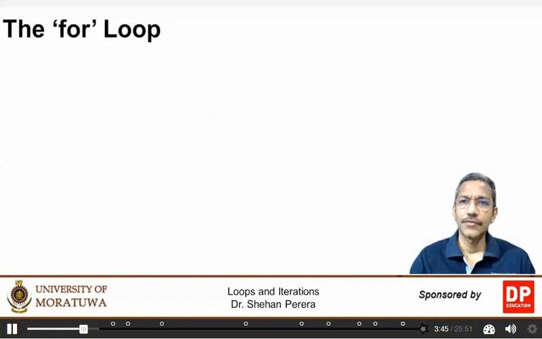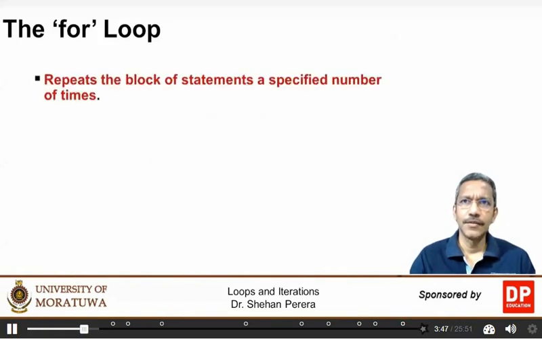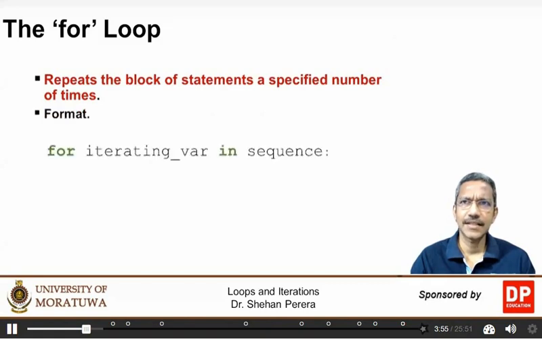First, let's look at the for loop. In the for loop, the block of code is repeated or iterated a specific number of times. The format of the code, or the syntax, is to have the for keyword and say that for each iterating variable in the sequence, loop through the block of code.